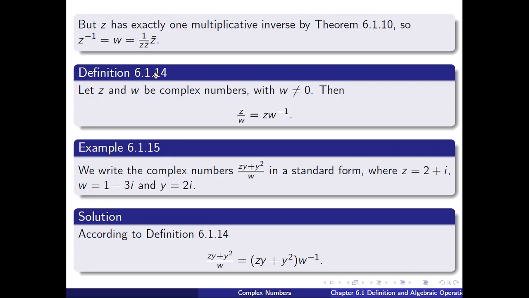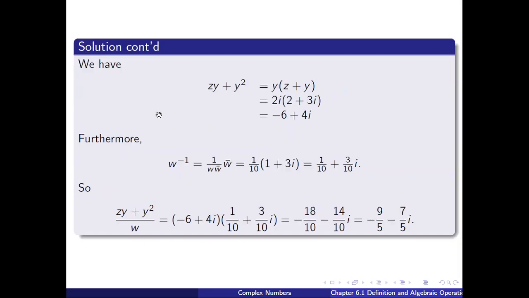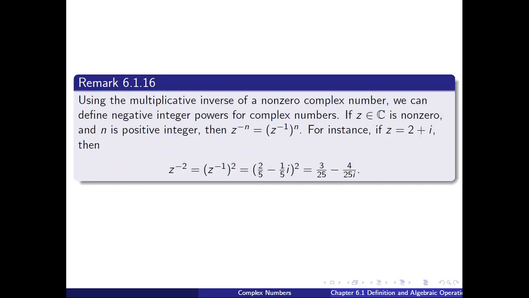So that's how we use Definition 6.1.14. Right. So lastly, we look at a remark, and it says, using the multiplicative inverse of a non-zero complex number, we can define negative integer powers of complex numbers.